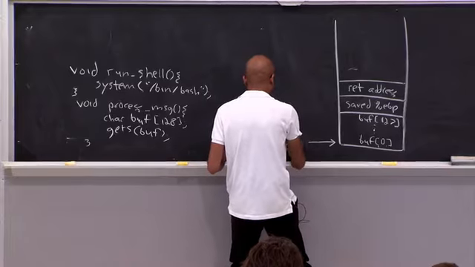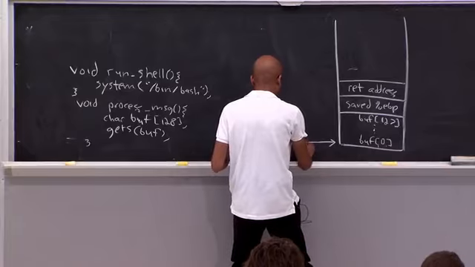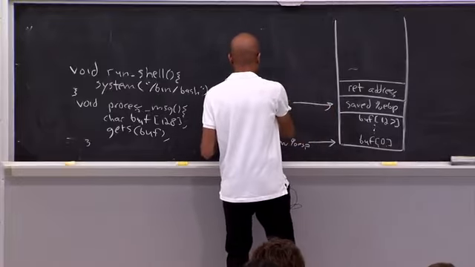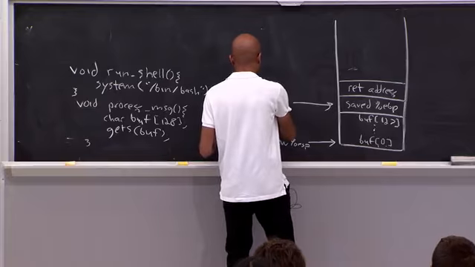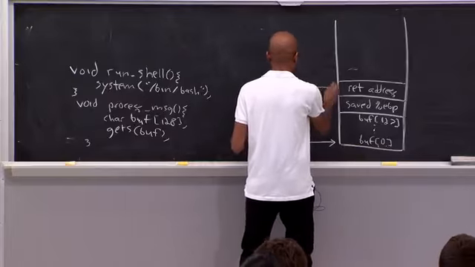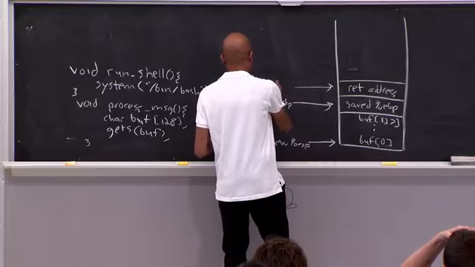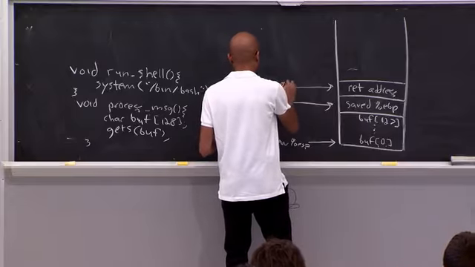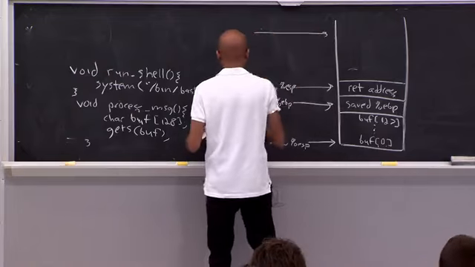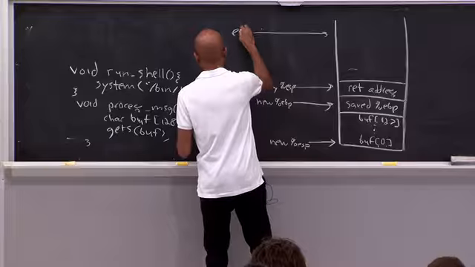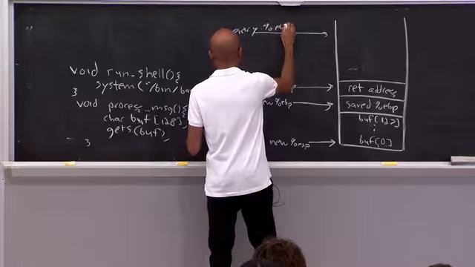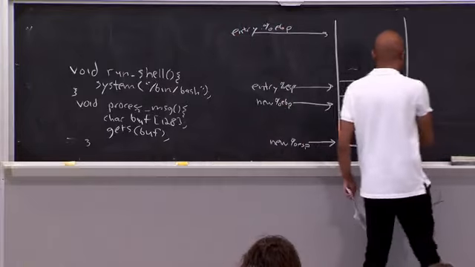And so remember that the new stack pointer will be here initially when we start executing the function. This is the new base pointer. This is what the stack pointer used to be. And then we've got some base pointer up here for the previous frame. OK, so this should look pretty familiar.